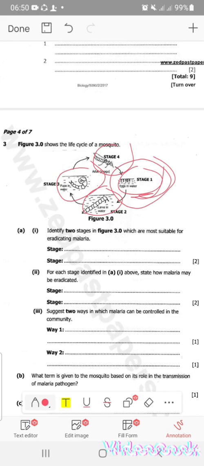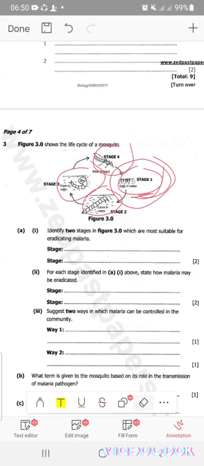Okay. And then no, sorry, that's a mistake. Stage 1 is a suitable stage to eradicate malaria. Then also stage 2, these are the 2 suitable stages of eradicating malaria. At stage 4 is not suitable because an adult mosquito can become resistant to drugs or insecticide. Then at stage no, the way I started was correct.